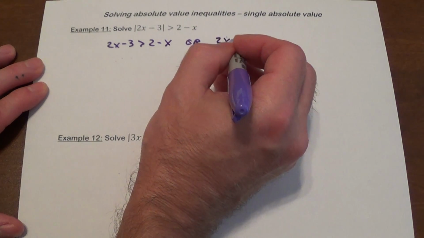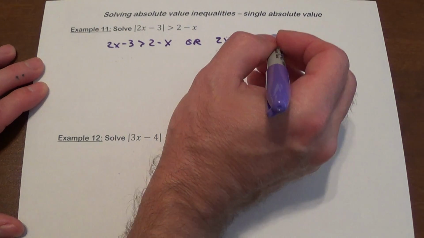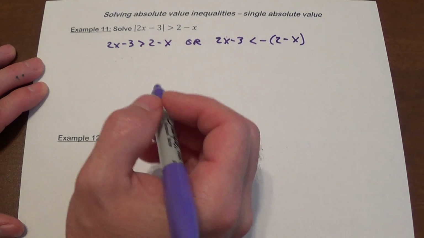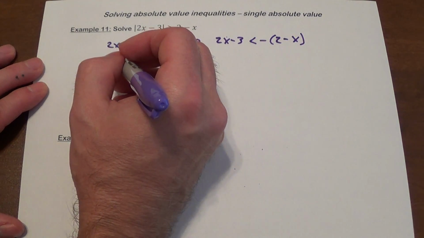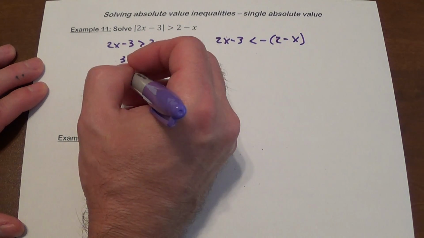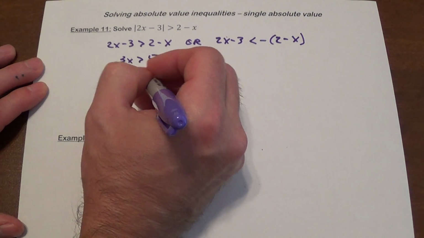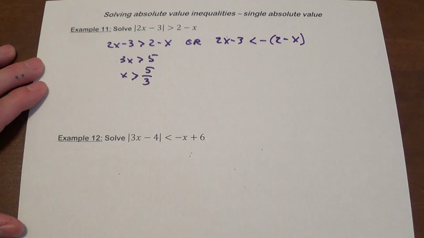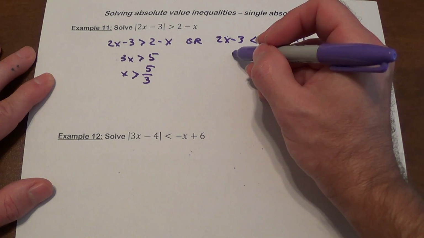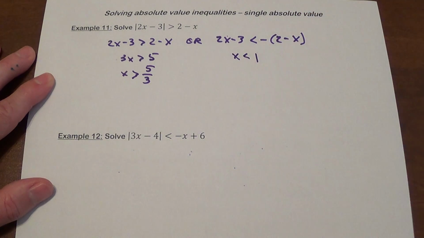It's going to be 2x minus 3 is less than, reverse the sign, put negative times 2 minus x. So this inequality here is going to be 3x is greater than 5, which means x is greater than 5/3. For the second inequality, we're going to get x is less than 1 when we simplify all that.